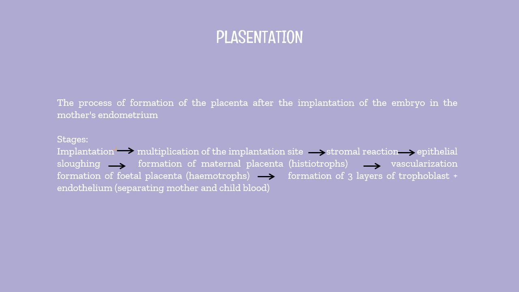Stages: implantation, multiplication of the implantation site, stromal reaction, epithelial sloughing, formation of the maternal placenta, vascularization, formation of the fetal placenta, formation of 3 layers of trophoblast, and endothelium separating the mother's and child's blood.